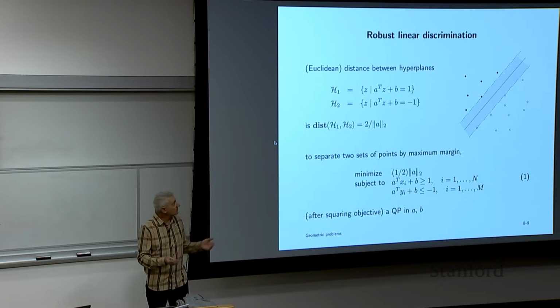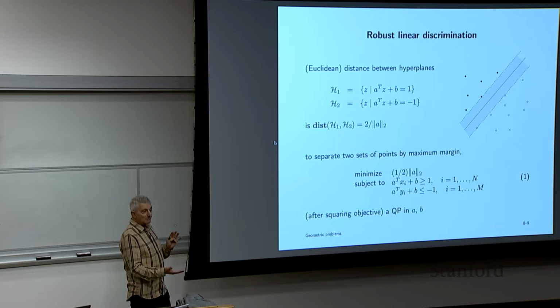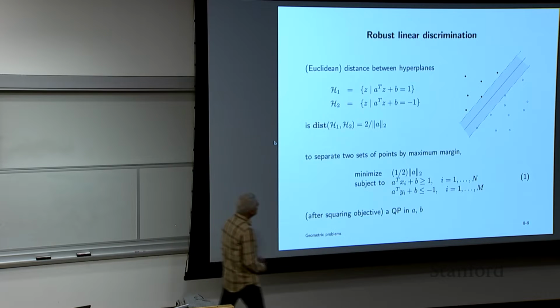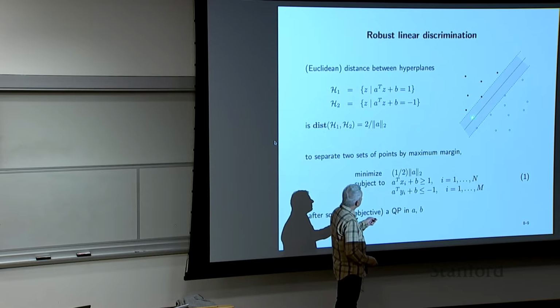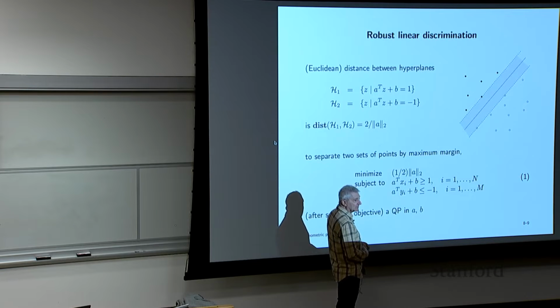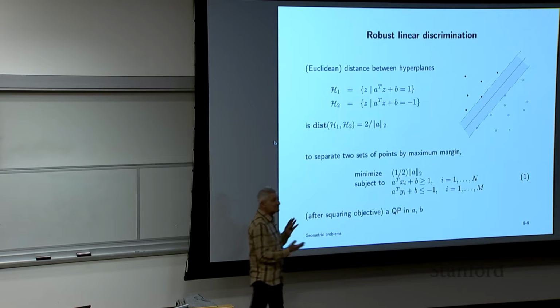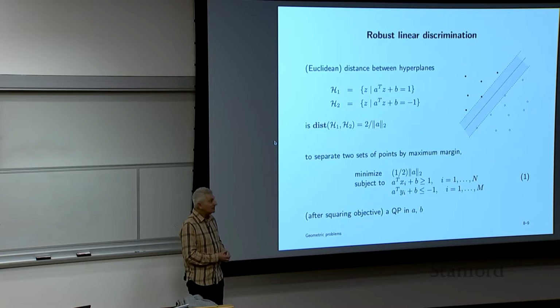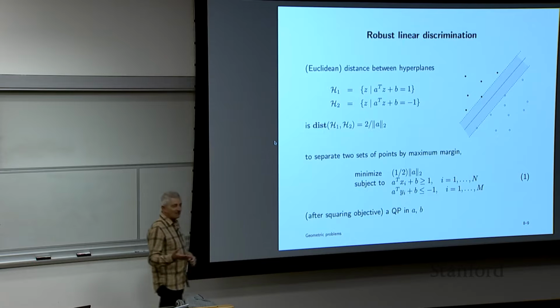You can just calculate that. In fact, this is a slab, right? So this middle thing is A transpose X plus B equals 0. This is the minus 1, and this is plus 1, let's say. And the width of that slab is going to be 2 over the 2 norm of A, right?